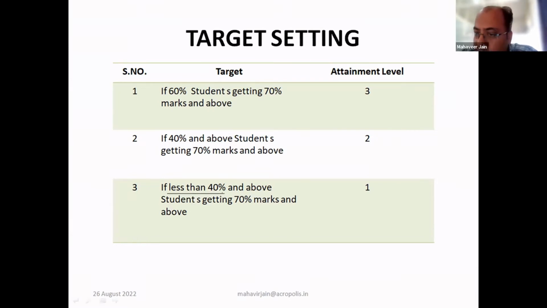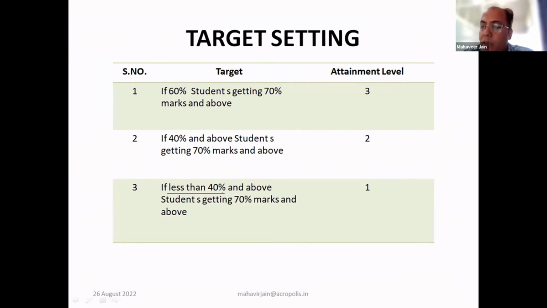It can be anything. This is only an example. This target can be different for your institute also. So if you are going for the NBA for the first time, you can set a lower target also, like 50% students getting 50% marks. It is not any standard that you need to take higher targets.